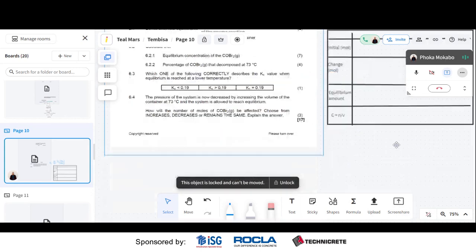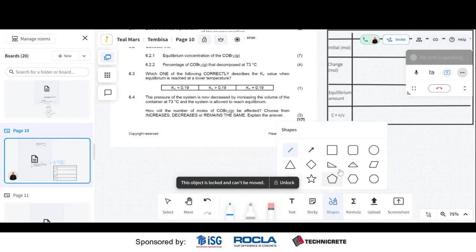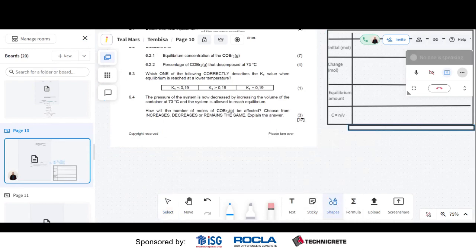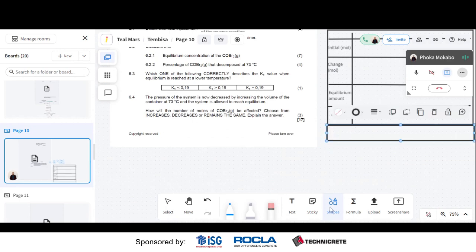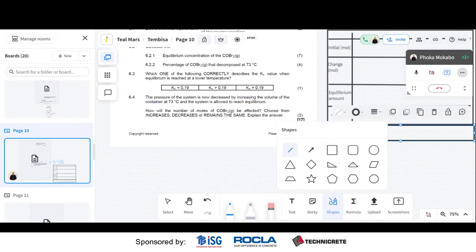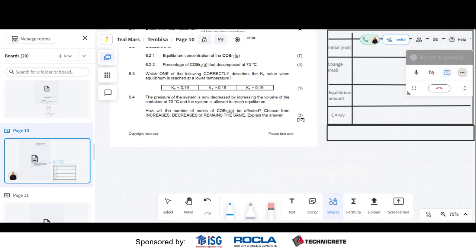Going to need to add one more compartment. Let's see how well we can add it over. It's pretty good. Just add one more line over here.